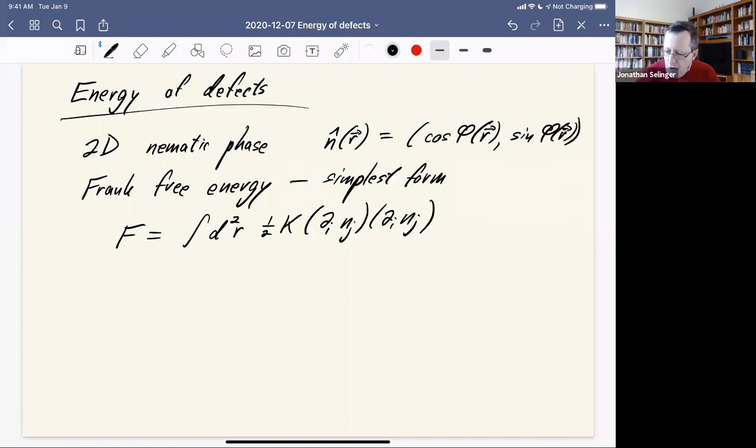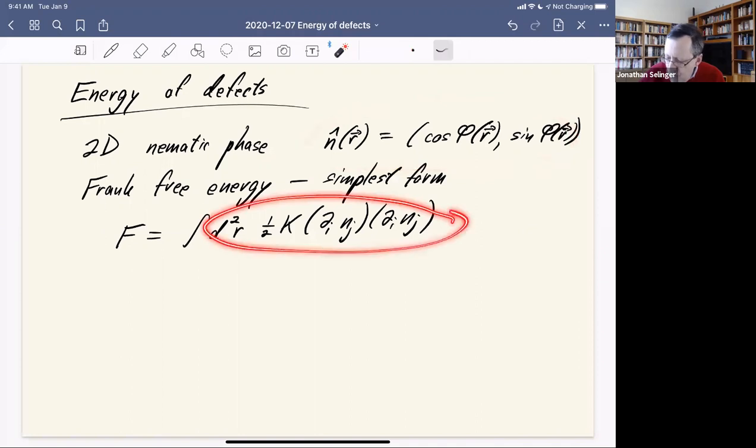So we can take this expression for the director field and put it into this free energy to get the free energy expressed just in terms of the angle phi. Let's do that.